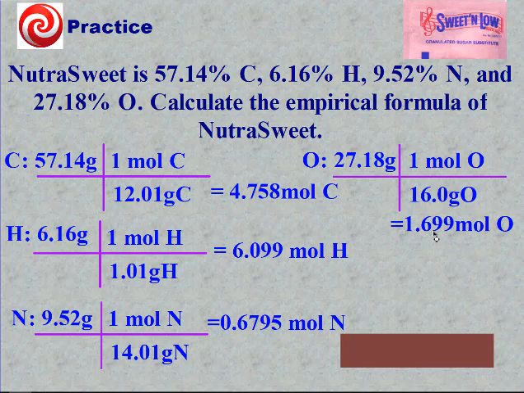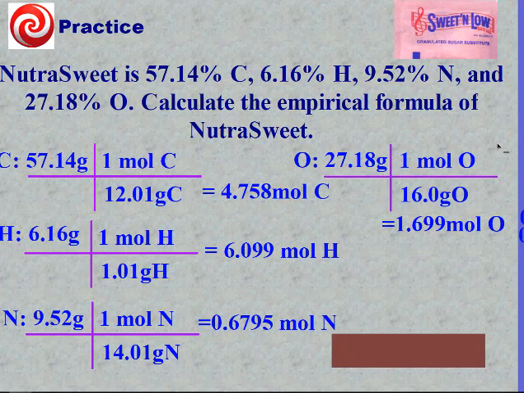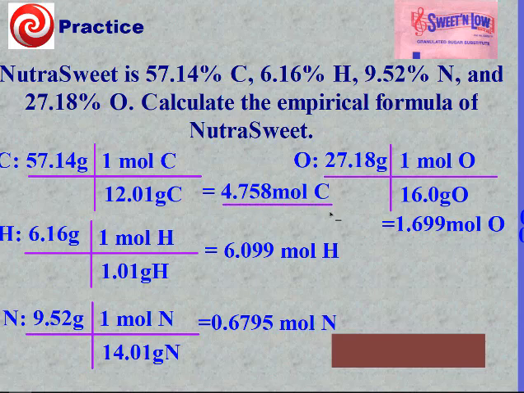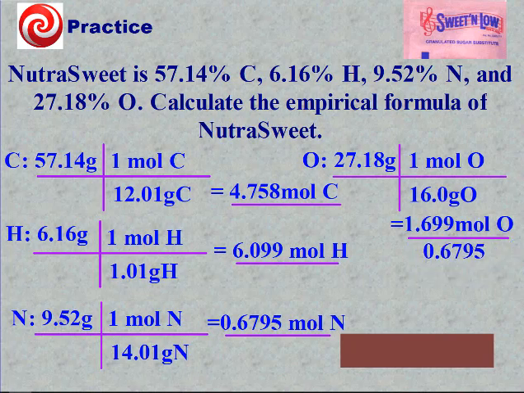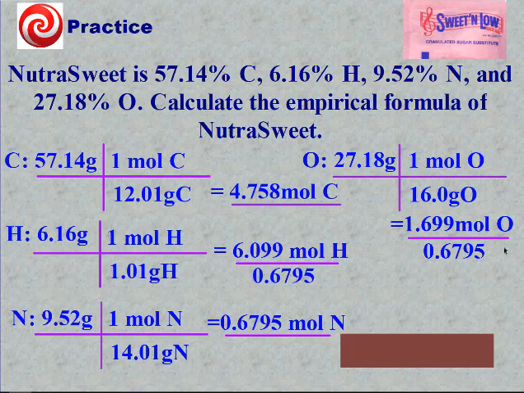And so looking at these 4 moles, nitrogen is the smallest. So we need to divide all of the moles by 0.6795.